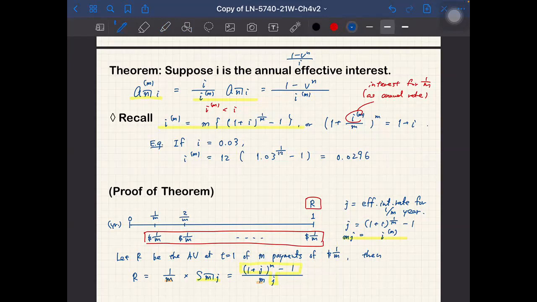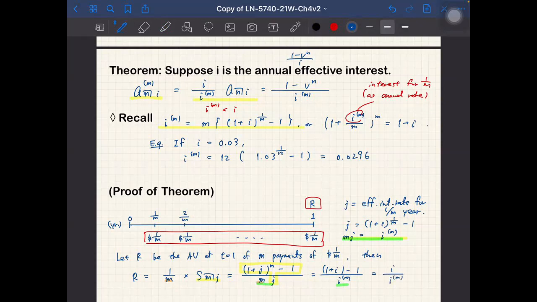So we use the time unit of 1 over m years. Then 1 plus j to the power m is equal to 1 plus i, and minus 1 over i superscript m. So this comes from here: mj is equal to this, so this becomes i over i superscript m.